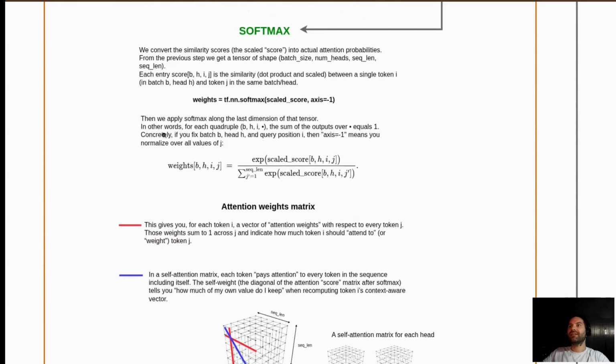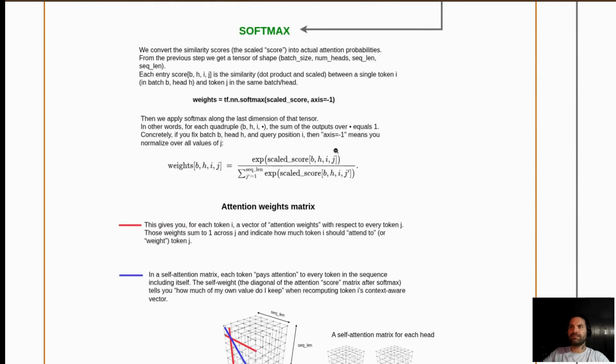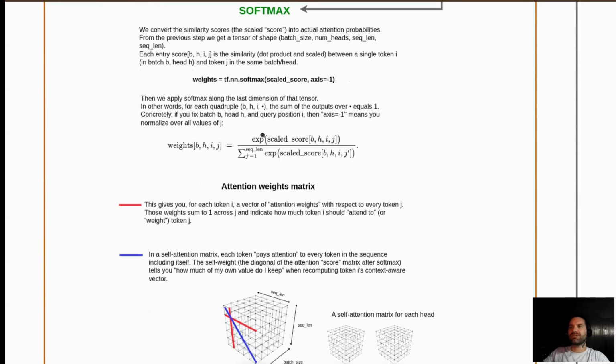Then we apply the softmax along the last dimension of that tensor. That's why we apply axis = -1. In other words, for each triple b, h, i, the sum of the outputs over j equals 1. Concretely, if you fix batch b, head h, and query position i, axis = -1 means you normalize over all values of j.